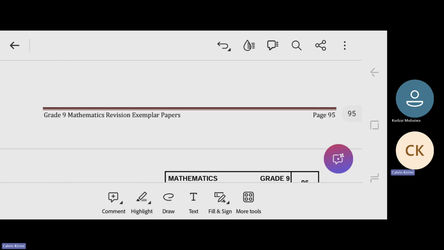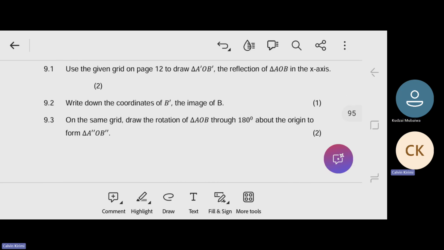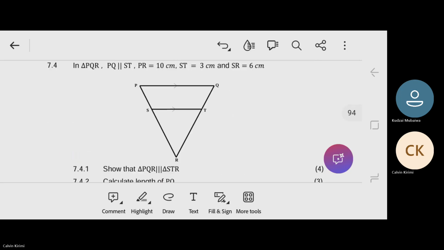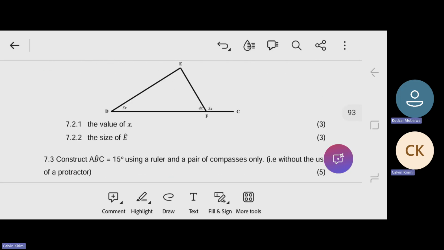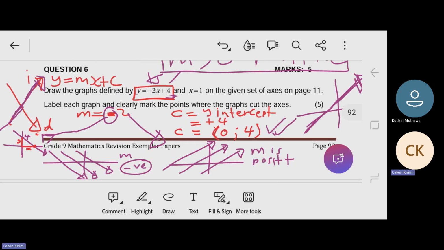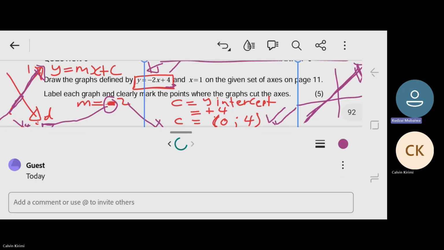So let's go back to that question where they're asking about this. They are saying label each graph clearly and mark the points where the graph cuts the what? The axis.